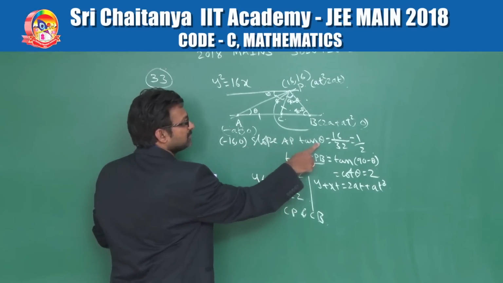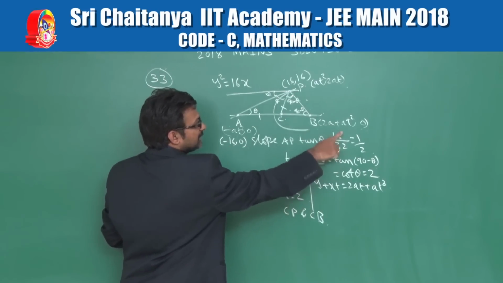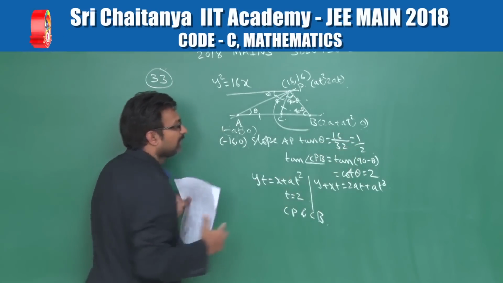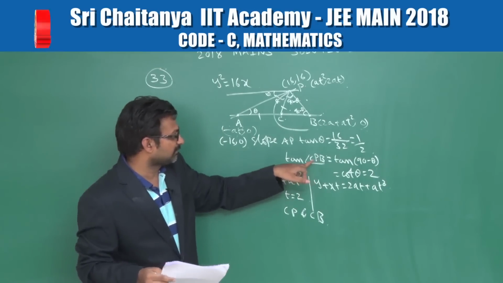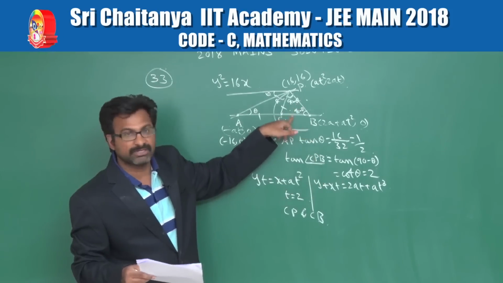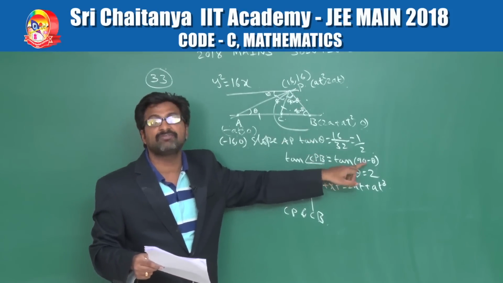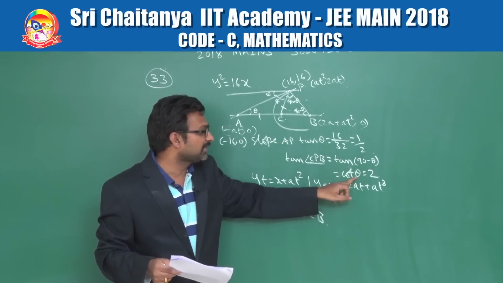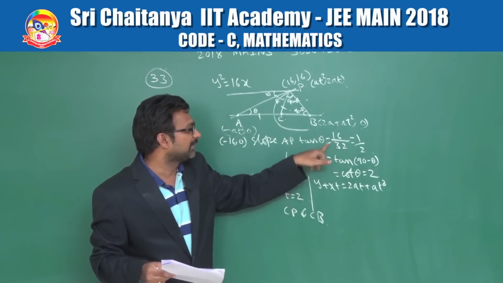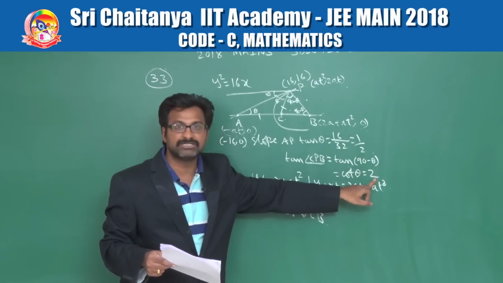So slope of AB is equal to tan theta, that is 16 by 32, that is half. Therefore tan of angle CPB from the triangle CPB is tan of 90 minus theta. Tan of 90 minus theta is cot theta, that is nothing but 1 by tan theta, that is 2.